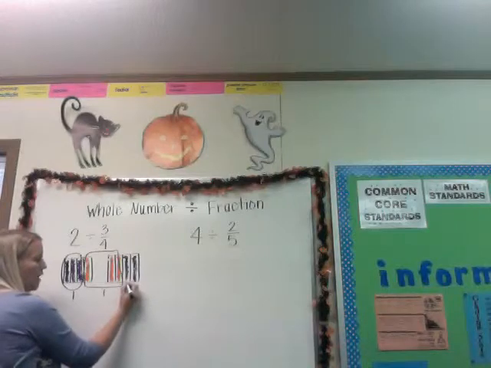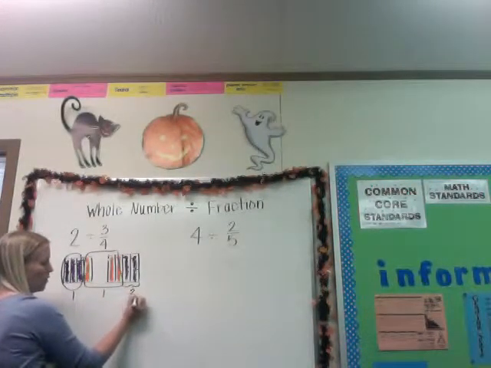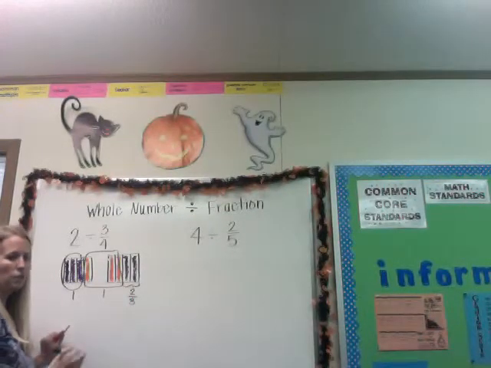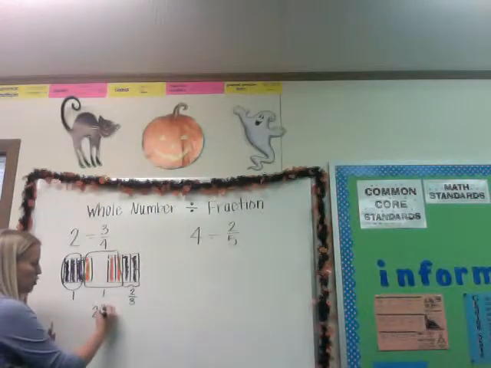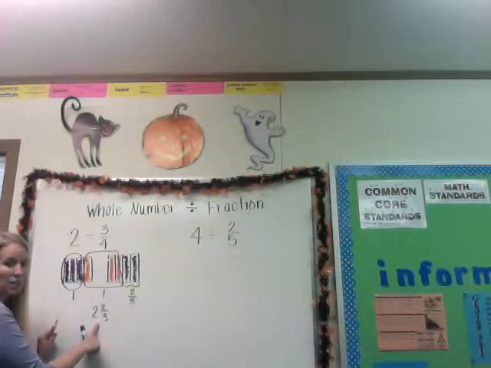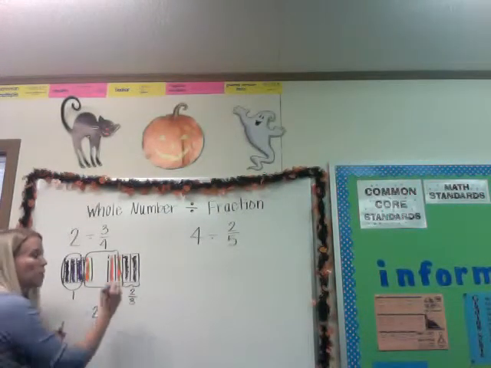And then I have 2 out of the 3 purple bars that I need. So that means I have 1, 2 full ones, and 2/3 of the next one. So I'm guessing my answer is going to be 2 and 2/3, but let's check it using the multiplication algorithm.